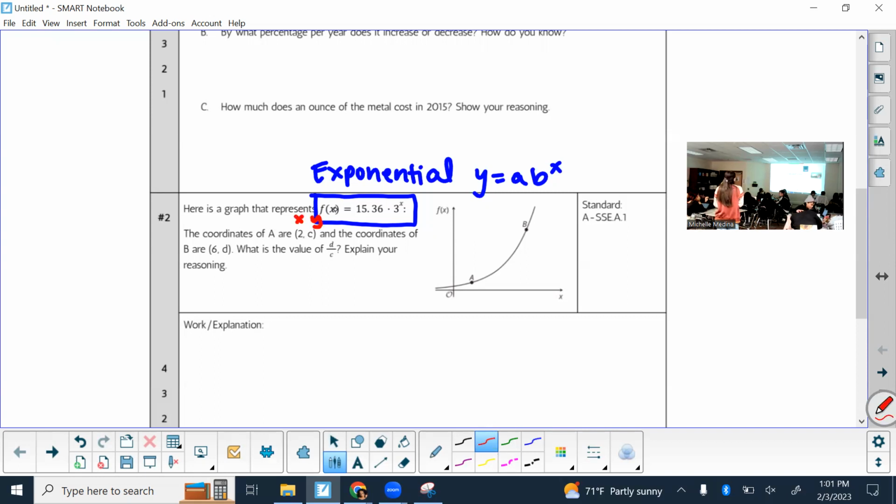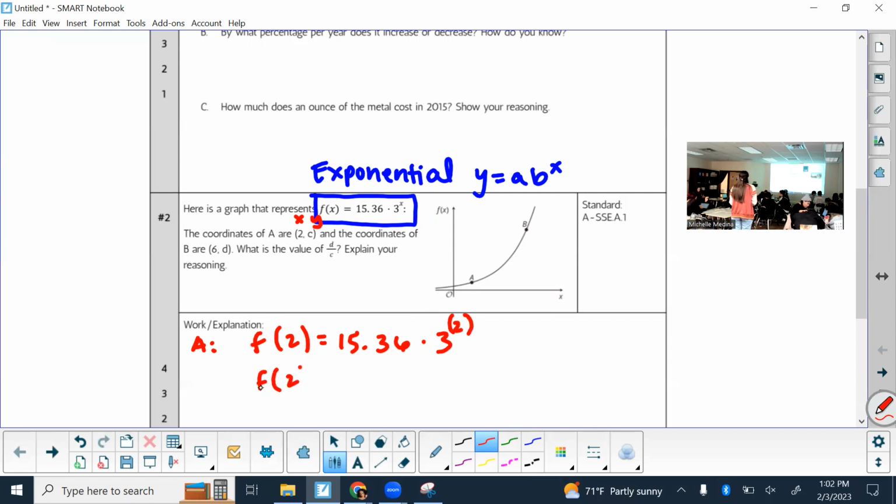And guess what I have in this equation? I have X's in there. So for coordinate A, for example, I plug in the X, which is 2, and that should give me my output, which is the Y, also known as C. So it's f of 2 equals 15.36 times 3 to the second power. Everywhere that you're plugging in an X is going to be a 2.